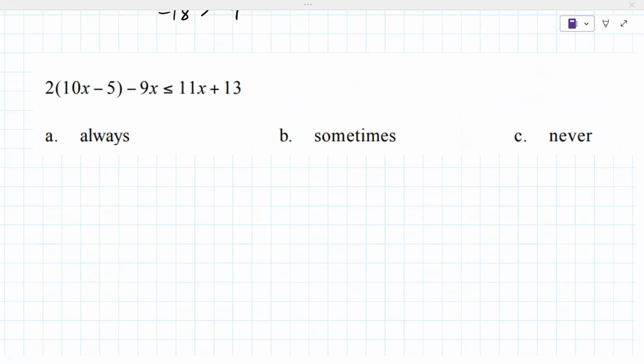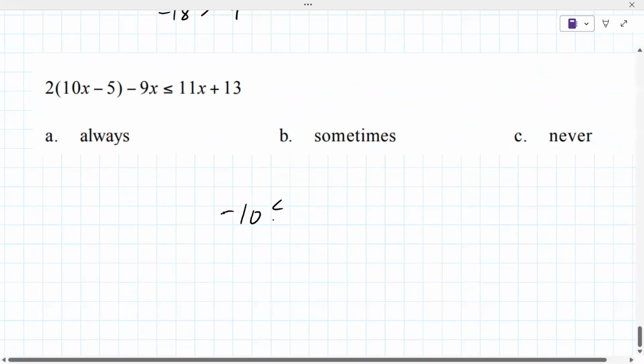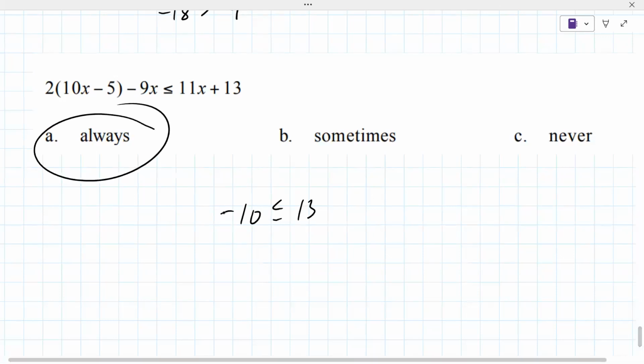That one would be always, because it'd be negative 10 is less than or equal to 13. That is true. All right, good.